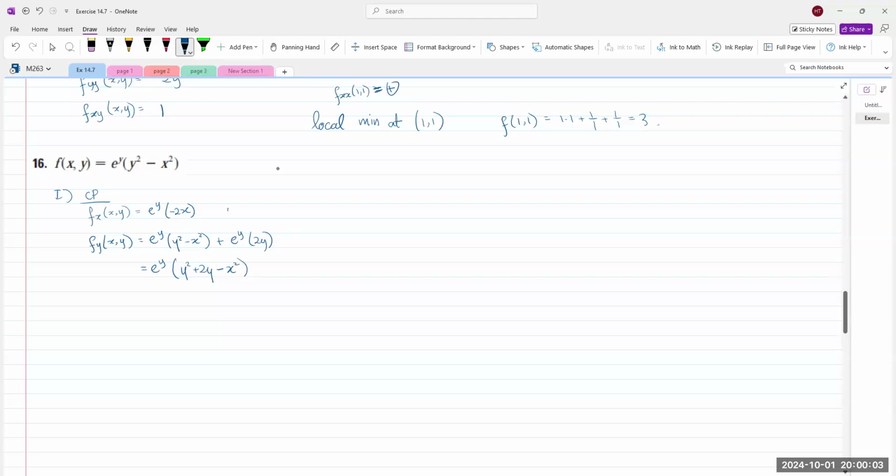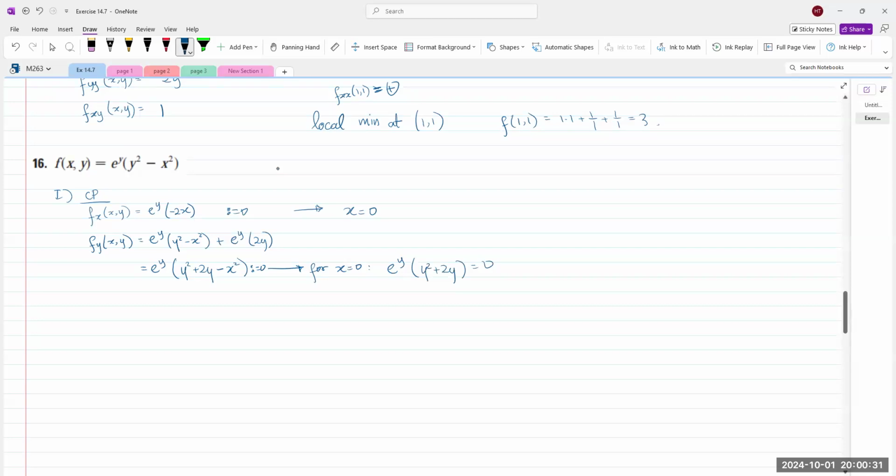Now, if I set this equal to 0, notice that e to the y can never be 0. It implies x has to be 0, right? Okay, now if x equals 0, then we will have e to the y times y squared plus 2y equals 0.